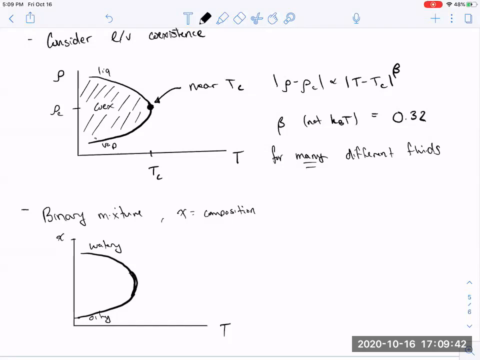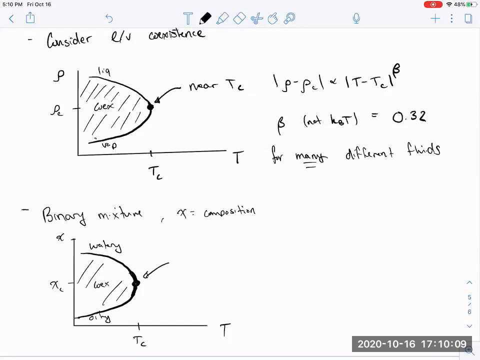In fact, if you increased it enough, there's a temperature at which the two become miscible. So if I set the system up with a composition and temperature below some Tc, I would find coexistence. I would find water sitting on top of oil.